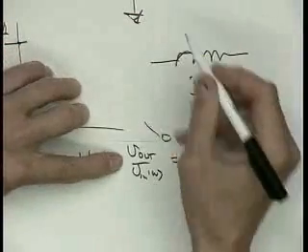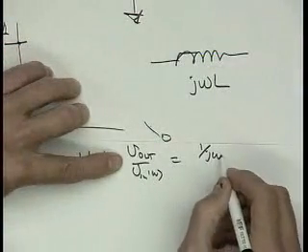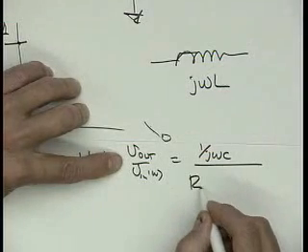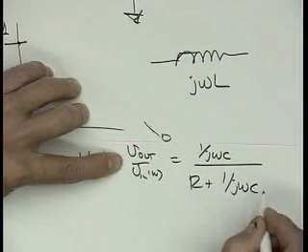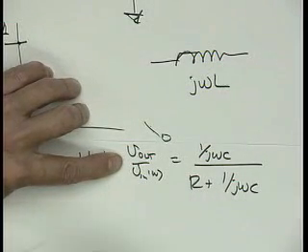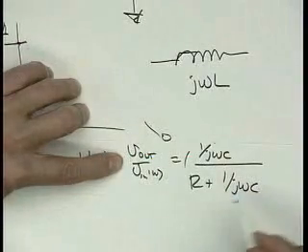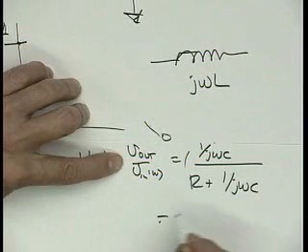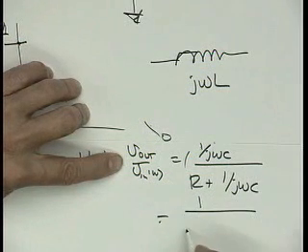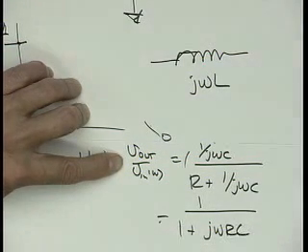It's V in of omega times 1 over j omega C over R plus 1 over j omega C. Simple voltage divider, right? Between here and here. V out equals V in times this ratio. We can multiply top and bottom by j omega C, and we get 1 over 1 plus j omega RC.